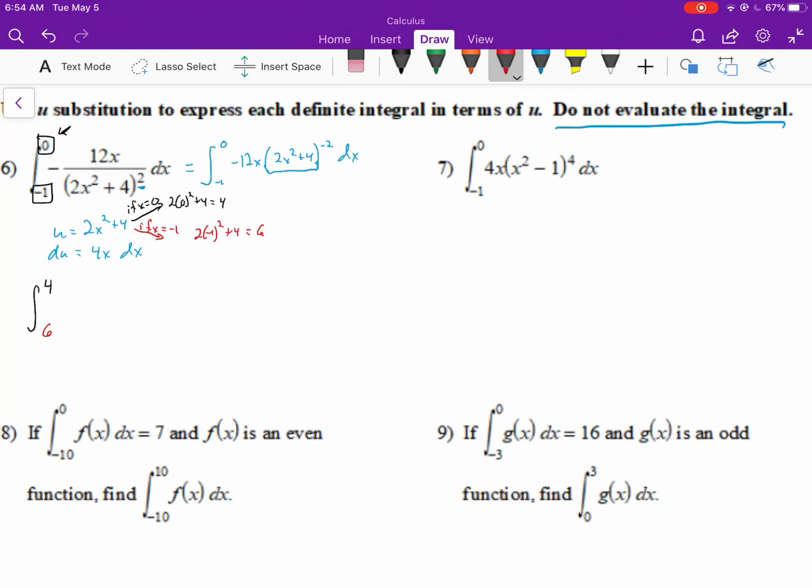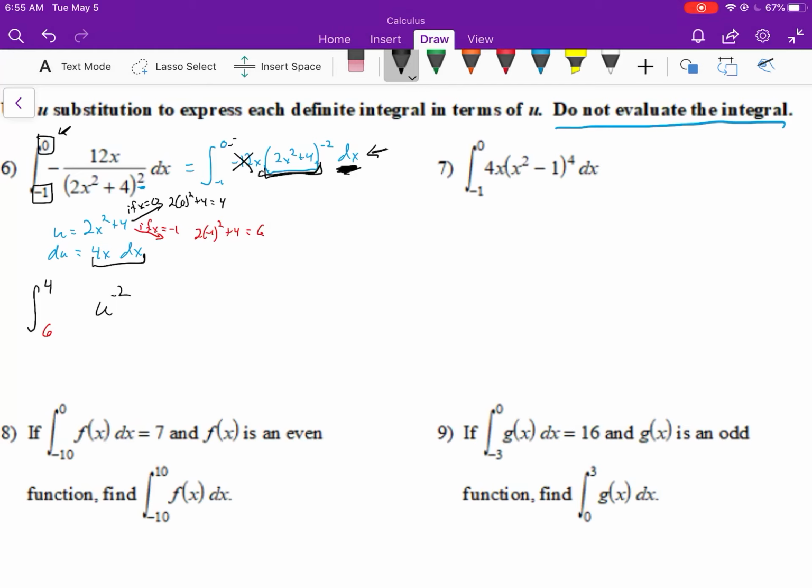So now that we've figured that out, we can do our other substitution here. We'll use this form over here. So we're going to take this out, and that's u. So we have u to the -2, and we need this in terms of u, not x. So here we have 4x dx.